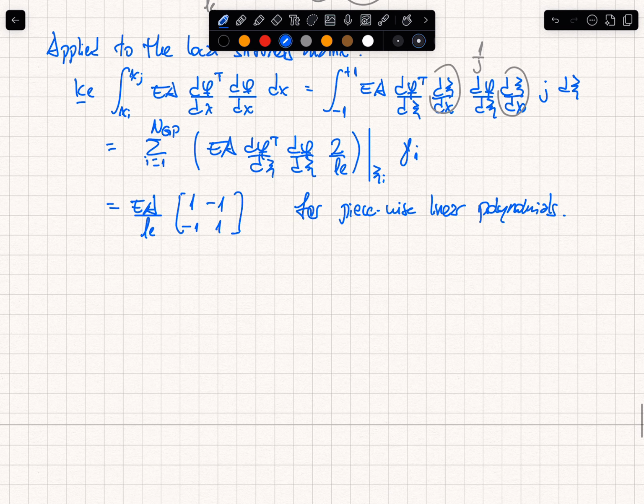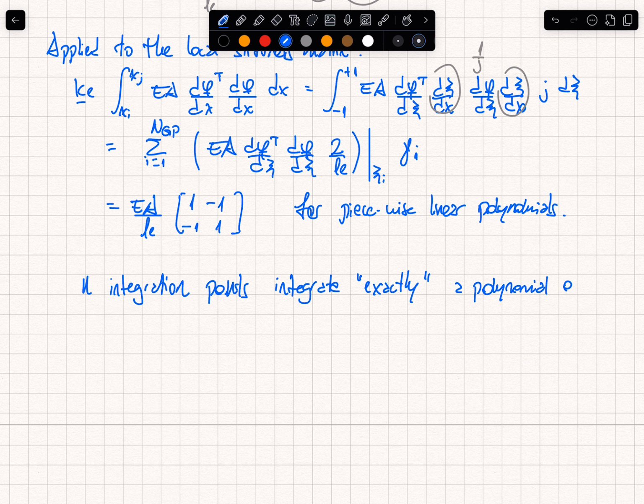And there is this rule that in 1D, n integration points integrate exactly a polynomial of degree 2n minus 1 equal to p.